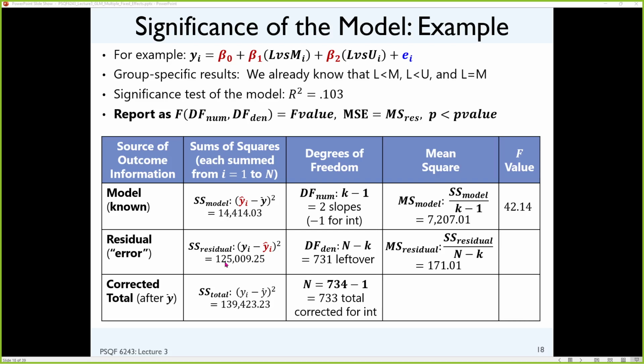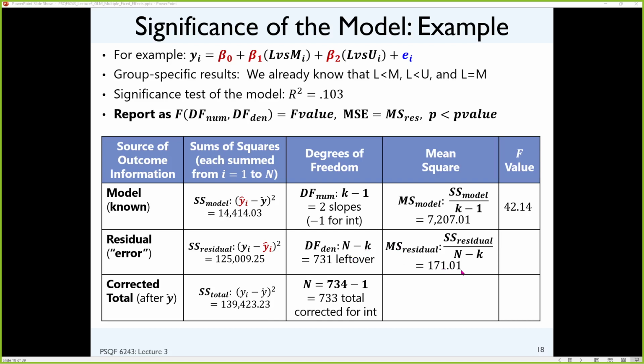Then what's left? So y minus y hat, that is E that's in here. What don't we know? That is this much information, sums of squares residual, divided by how many more slopes could we have added? Sample size minus number of fixed effects. And then mean square residual, that's residual variance.